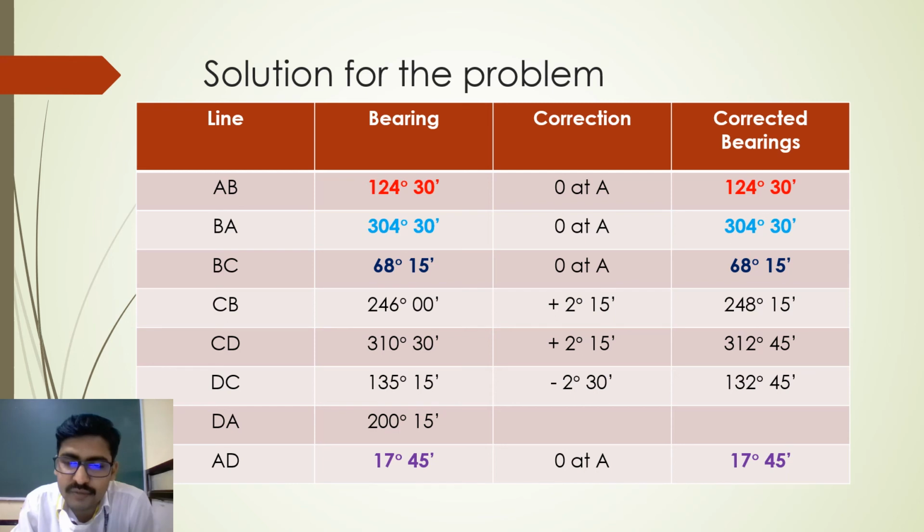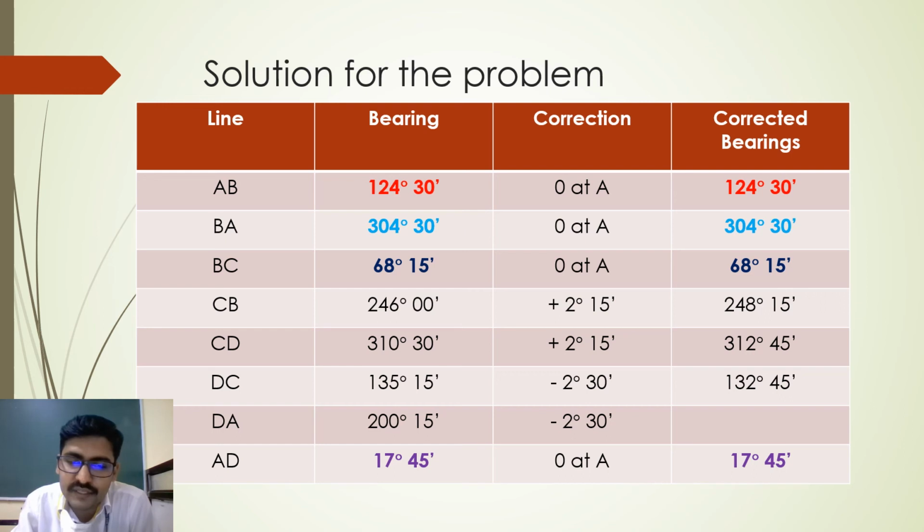So there is one more bearing which is observed in the next row, that is fore bearing of DA. Fore bearing of DA is 200 degree 15 minutes, right? So this bearing is also incorrect. So if I have to find out the correct bearing, station D has got the correction minus 2 degree 30 minutes. Apply that. Minus 2 degree 30 minutes is being applied to this bearing also.